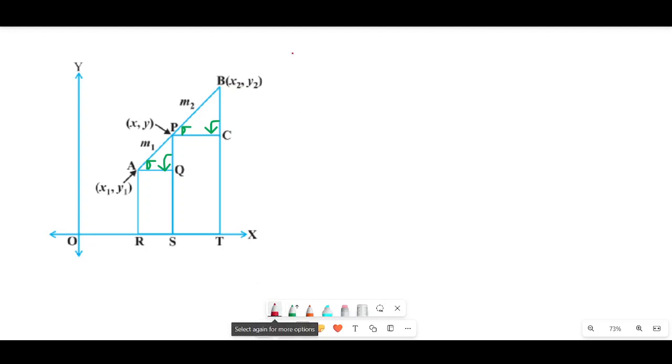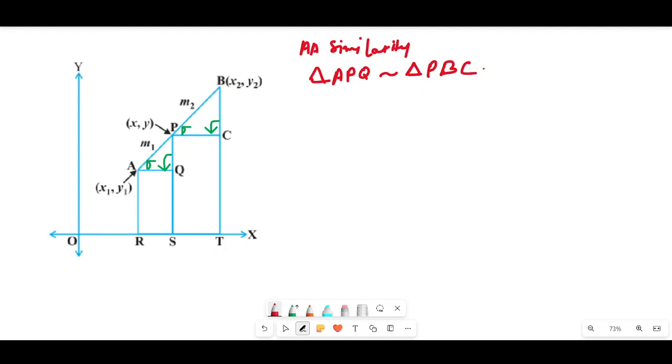So with the help of AA similarity, we can say that triangle APQ is similar to triangle PBC.